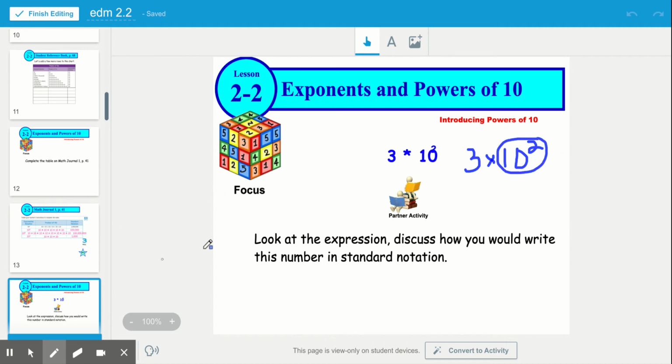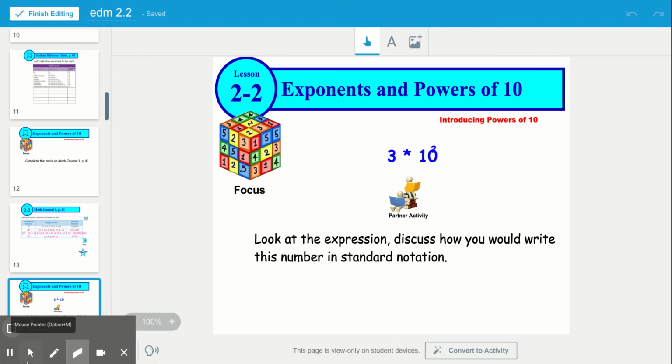And I know that when I'm looking at 10 to the 2nd power, I'm going to rewrite this. This is going to be the same as taking 3 times 100, which gives us an answer of 300. So 3 times 10 to the second power is just like saying 3 times 100, or 300. So erase that for us.